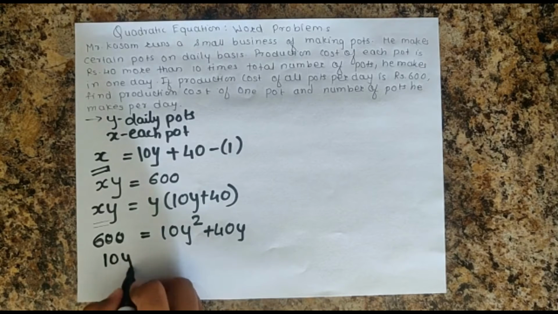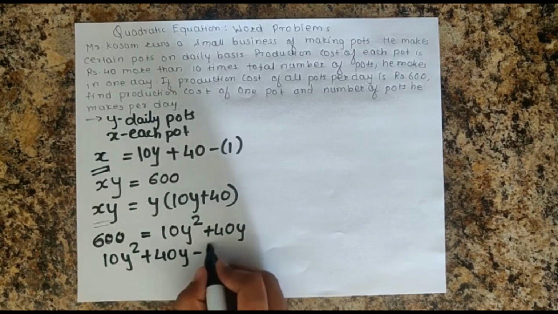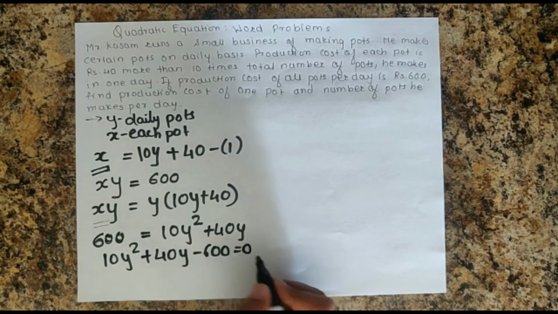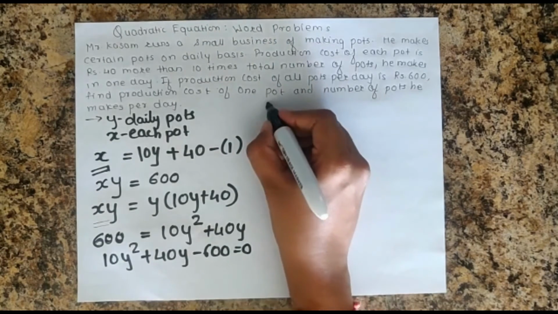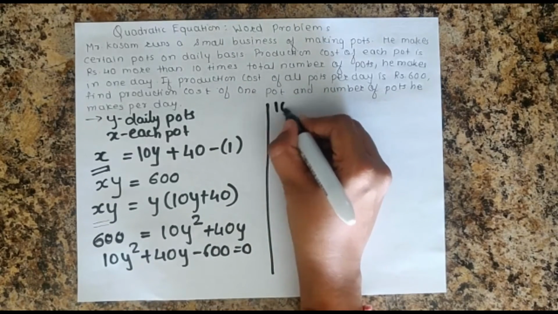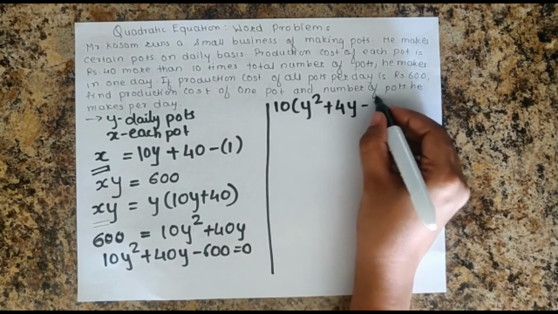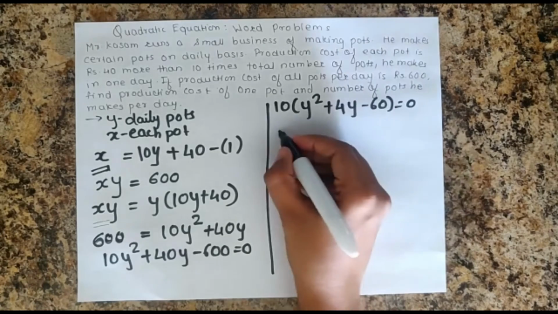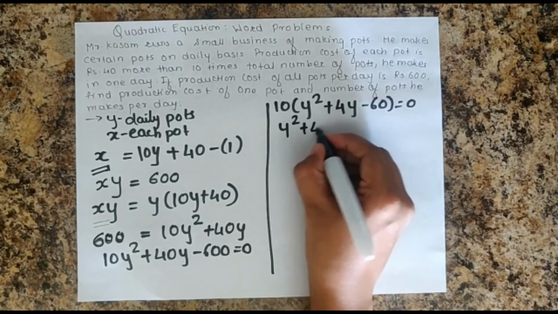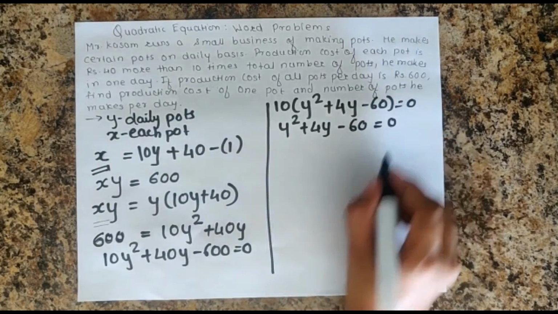So, it becomes 10y square plus 40y minus 600 equal to 0. When we solve this, we take 10 in common. So, y square plus 4y minus 60 equal to 0.